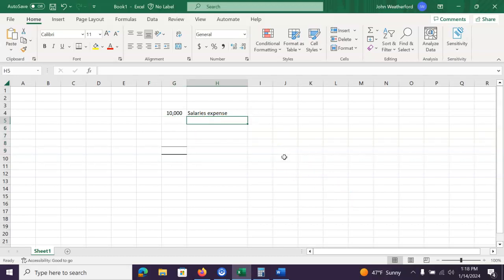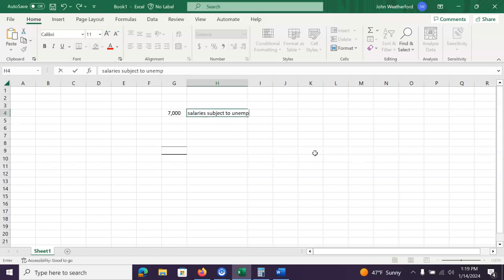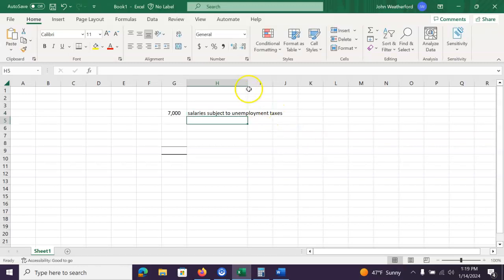So we got salaries expense in total of 10 grand, but remember, only $7,000 of that salaries expense per employee per year is subject to unemployment. So salaries subject to unemployment taxes would only be 7 grand out of the 10.